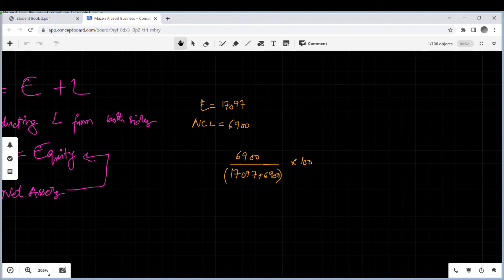Wait, let me put brackets in. Shouldn't it be 28.7%?